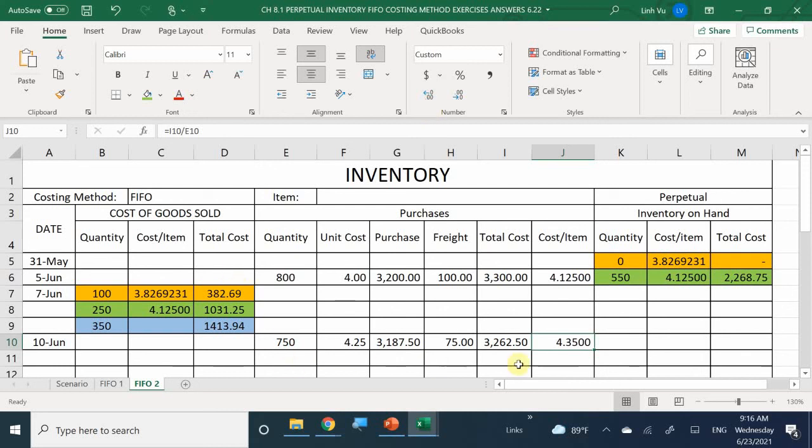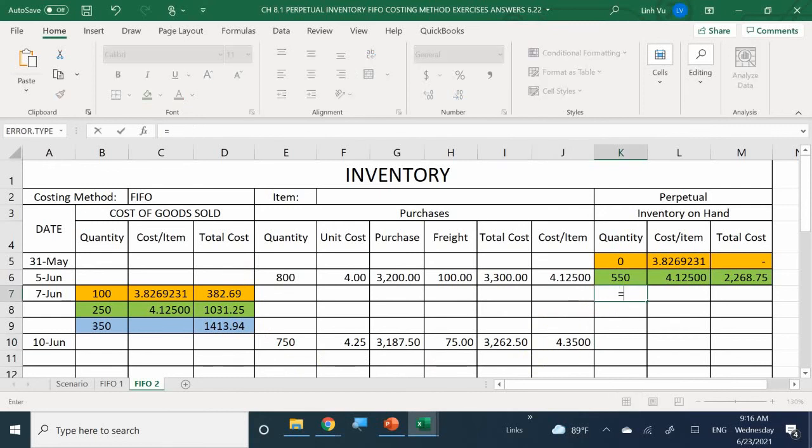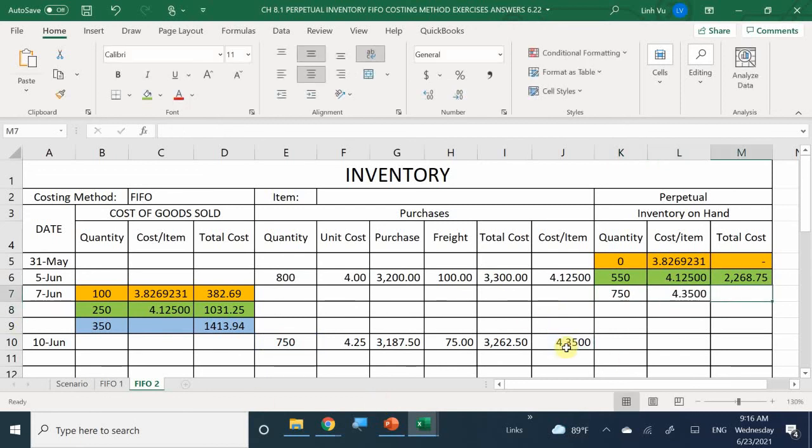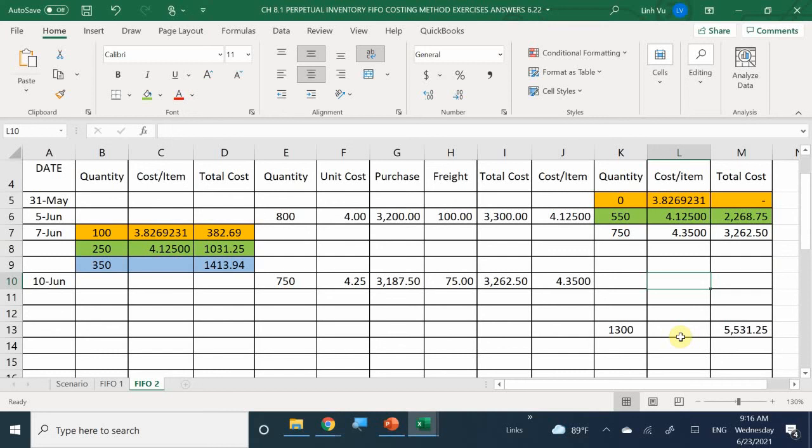All right. So now I'm going to go ahead and copy this information over into my inventory on hand. I get a grand total, just exactly how we did before, but now I've just added a new purchase. So now I have a grand total of 1,300 items available to sell.